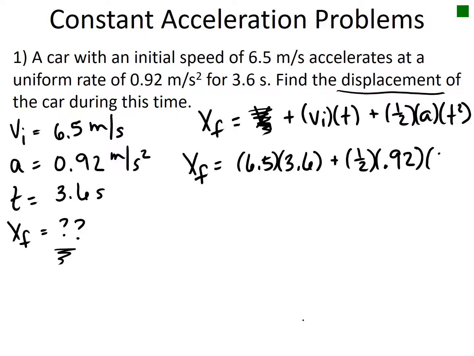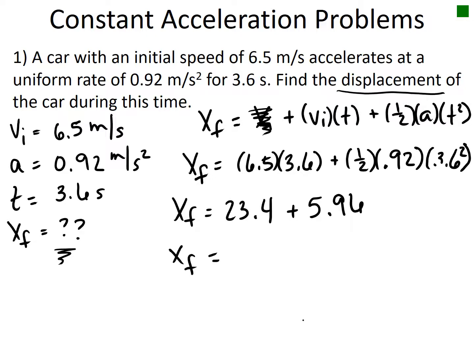So XF equals 6.5 times 3.6 plus 1/2 times 0.92 times 3.6 squared. All right, so let's multiply 6.5 times 3.6. XF equals 23.4 plus 3.6 squared, times 0.92, divided by 2, is 5.96.